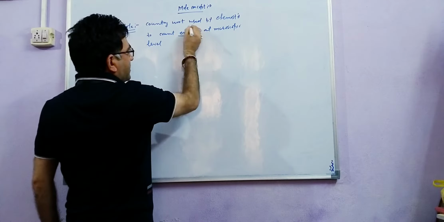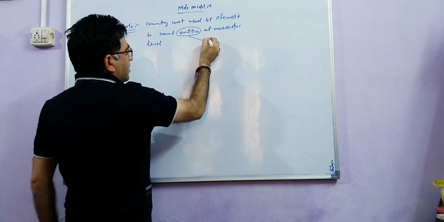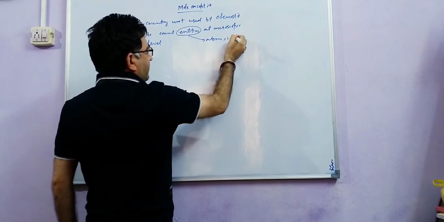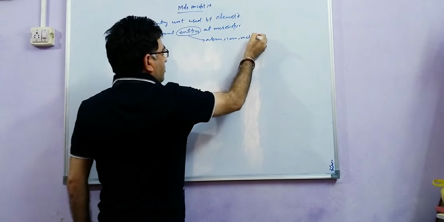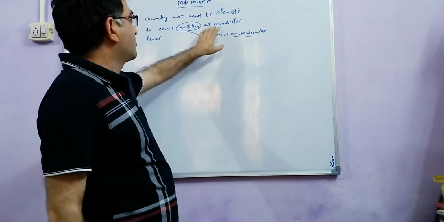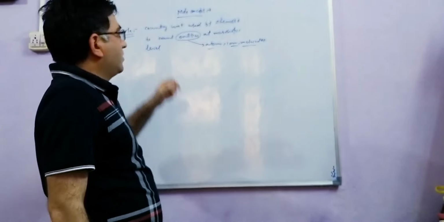By entities we mean particles like atoms, ions or molecules. When you have to count atoms, ions or molecules, you have to count at microscopic levels. For this purpose, we make use of the mole concept.